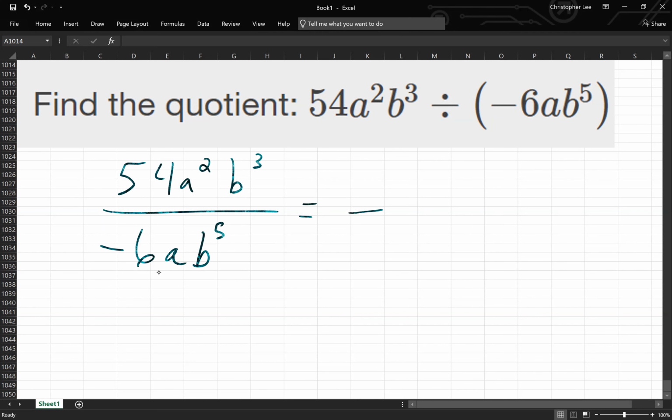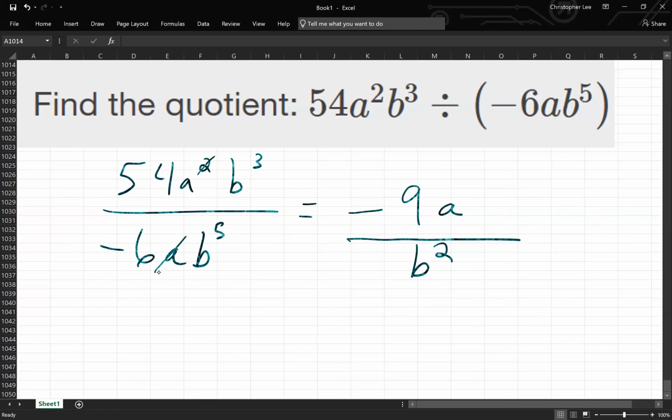Oh boy, what is that? I think it's 9, right? Yeah, this is just 9. And then a on the bottom, a squared will cancel out, leaving back just a, right? Over. And then we're going to have b to the second.